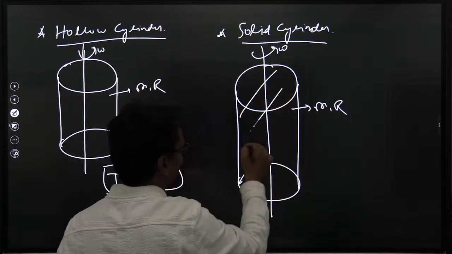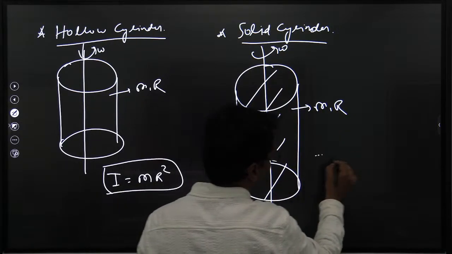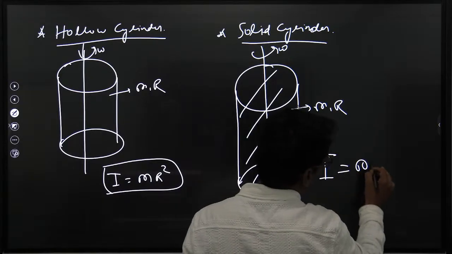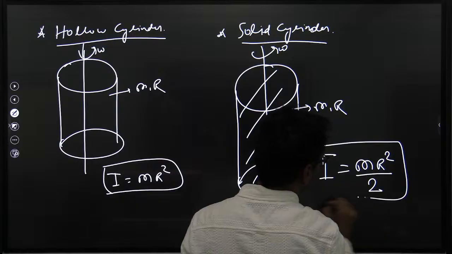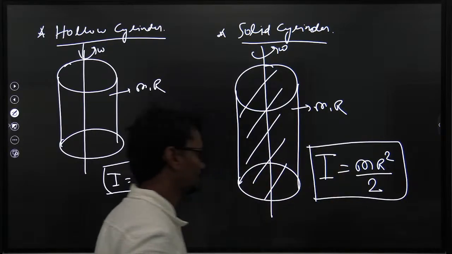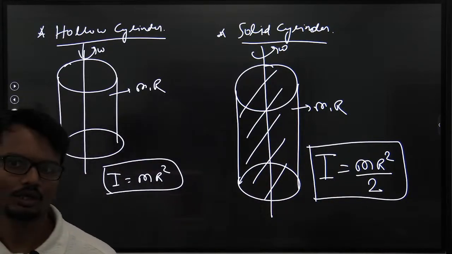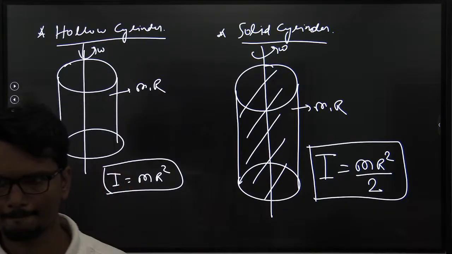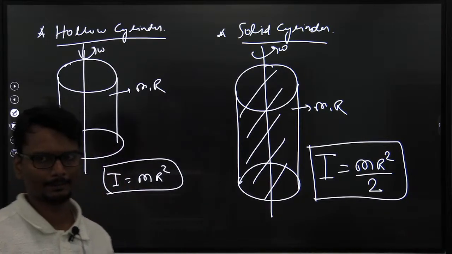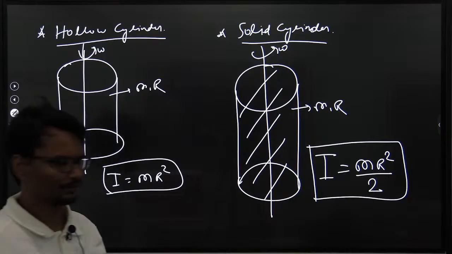This is the solid cylinder. So the moment of inertia I will be mr square by 2. I is equal to mr square by 2. I think this is clear to all of you.